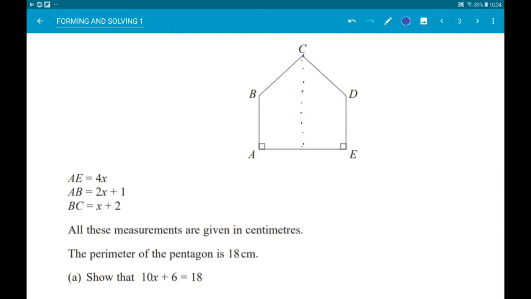So we know that AE is 4x, so that's the base. We then know that AB is 2x add 1, so that's the length on the left. Now by the symmetry, DE is the same length.